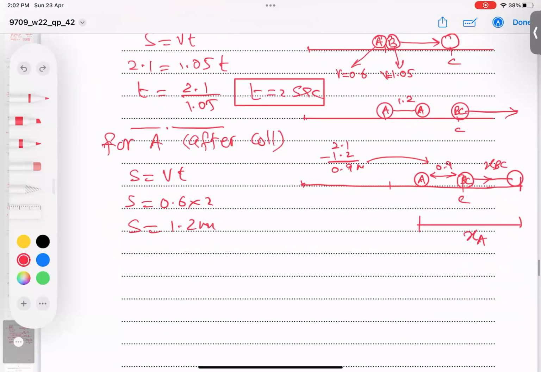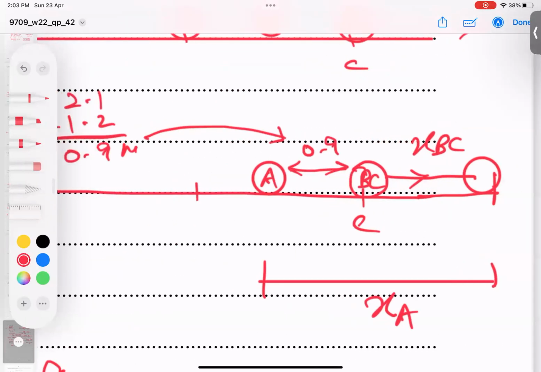Finally, I can make a plan. The total distance is XA, and the distance traveled by BC, subtracted from the full distance, gives 0.9 meters. How come? The distance traveled by A is the total, and if you subtract this distance from the full distance, you get this distance.